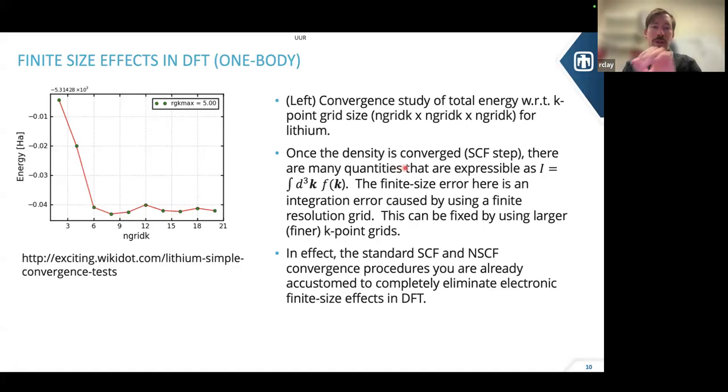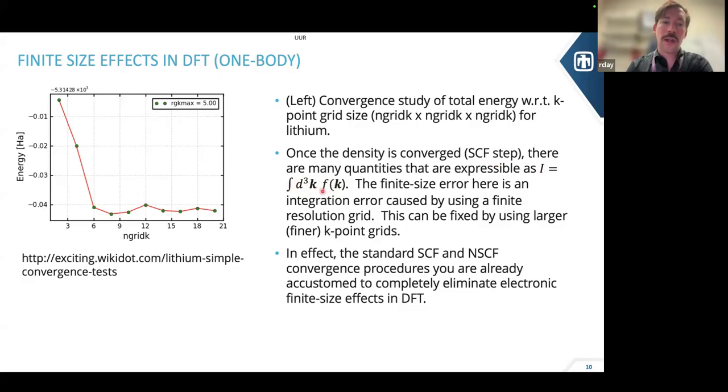But once you've converged the density, there's another source of finite size error, which is basically an integration error. If I ask what is the energy of my system per unit volume, or per unit cell, these things usually look like integrals over k-space, aka over the Brillouin zone.